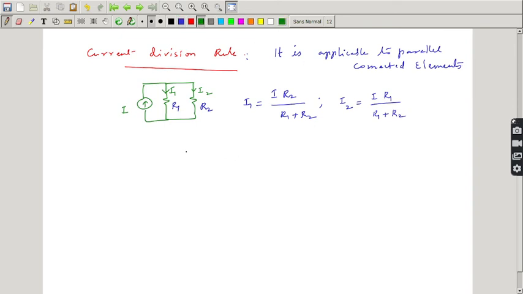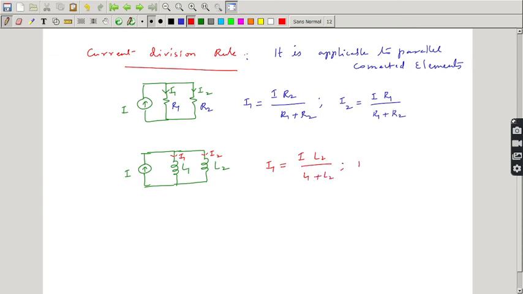Suppose in case of AC, two inductors L1 and L2 are connected in parallel, and a source is connected here with total current I, and the currents flowing are I1 and I2. I1 is the total current times the opposite inductance L2 divided by L1 plus L2.